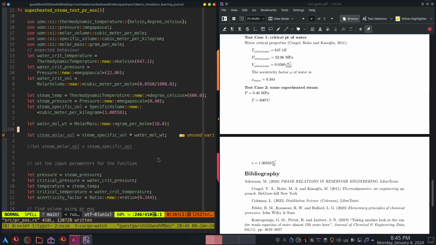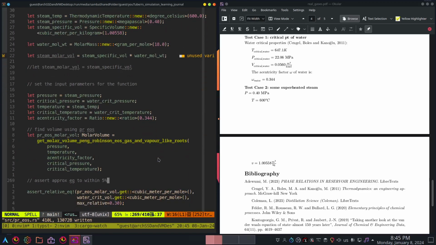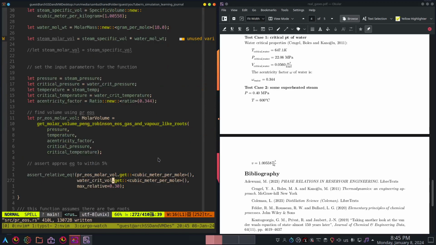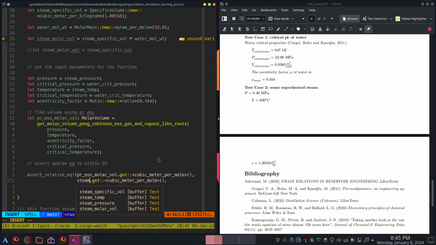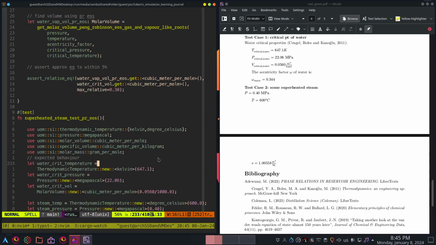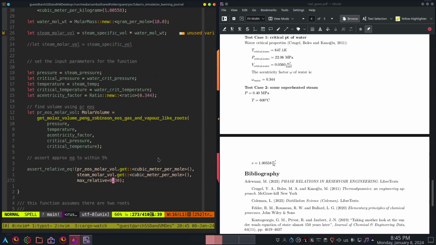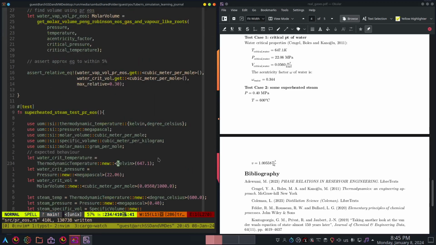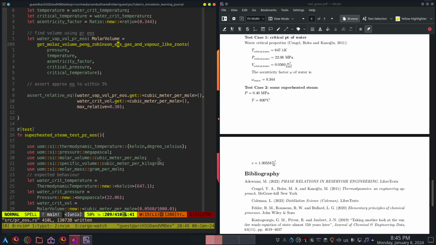Okay, this should take care of the units for us. And I'll change this water critical volume to steam molar volume. And let's get this to within 5% this time. Let's see whether it works. And of course, for the critical properties, I'll have to just do it within 30%.